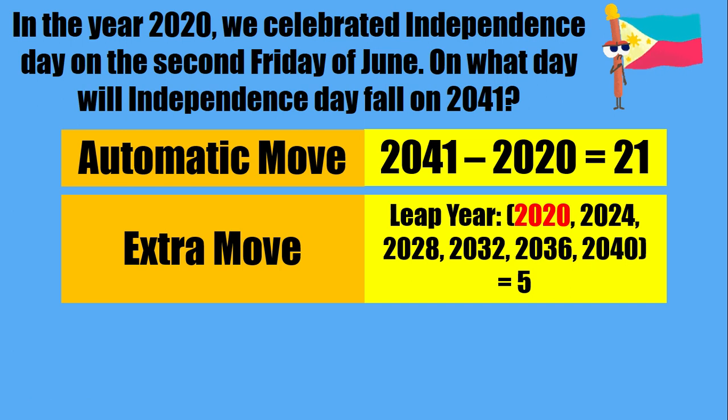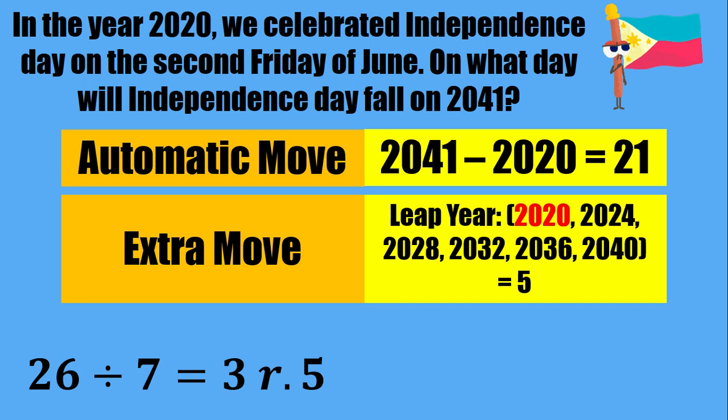Okay, 26, and apply the modular arithmetic here. So 26 divided by 7, the answer here is 3 remainder 5. So again, we have 5 as our remainder. All we need to do is to add that 5 days.